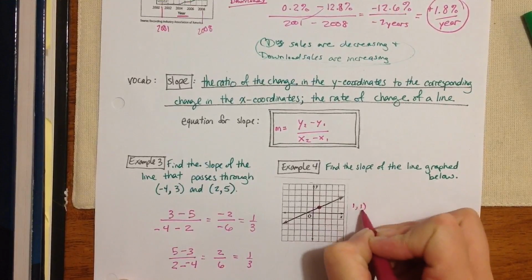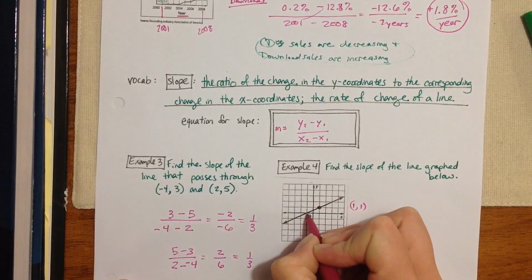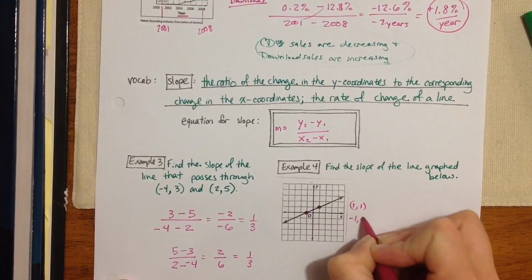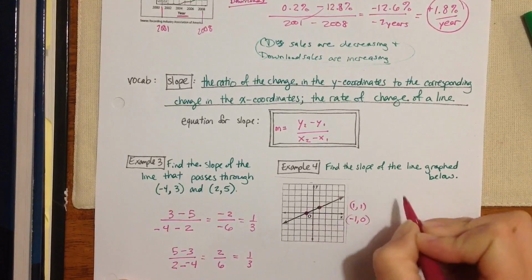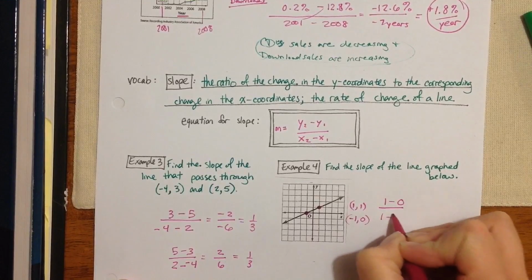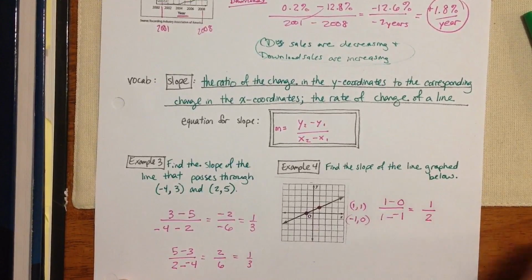That looks like it's at (1, 1). And this one looks pretty nice. That one looks like it's at about (-1, 0). When I do my slope, I'm going to have 1 minus 0. I love working with 0. Minus -1, I get 1 over 2. No further simplifying needed. There we go.